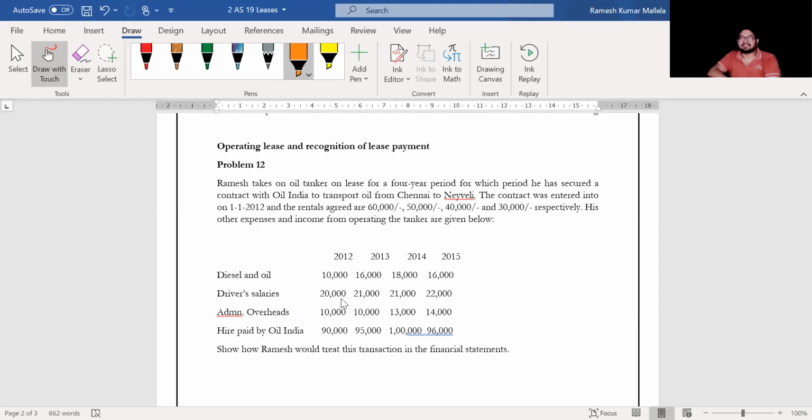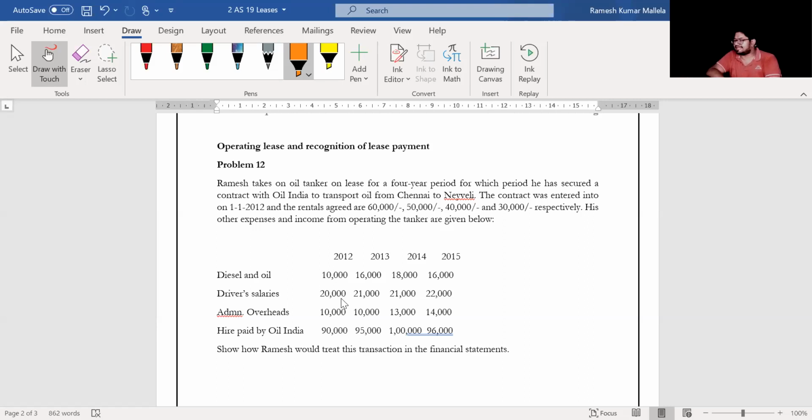Per month, you are paying that lease rental. Driver's salary is almost same every year, every month. Admin overheads are changing, and again it's not the right basis. Hire paid by Oil India is actually the correct basis for you, because for the revenue you are earning, whether you are actually spending the same amount towards your contract or not is something we should look at.